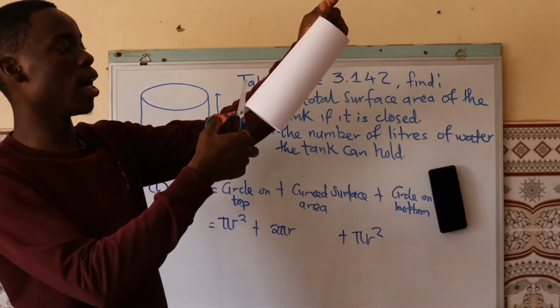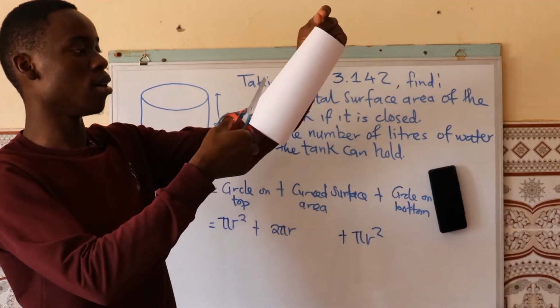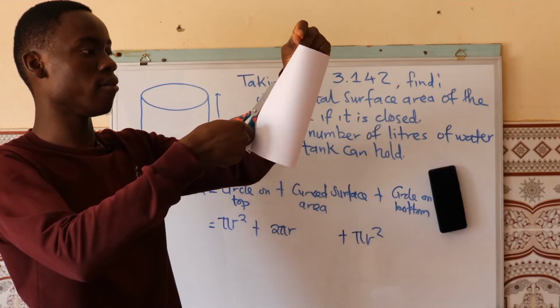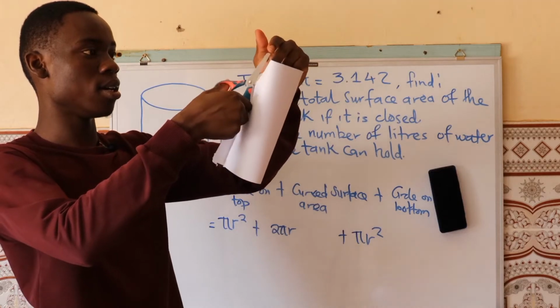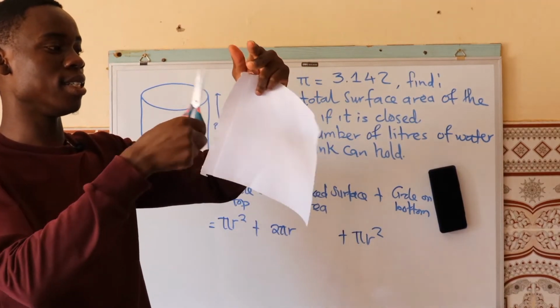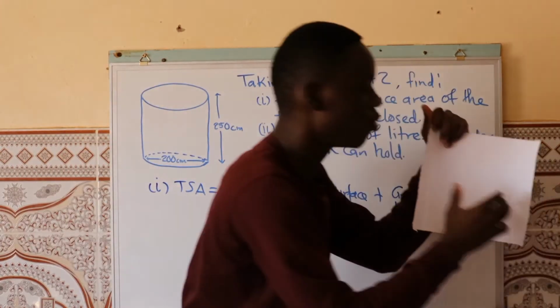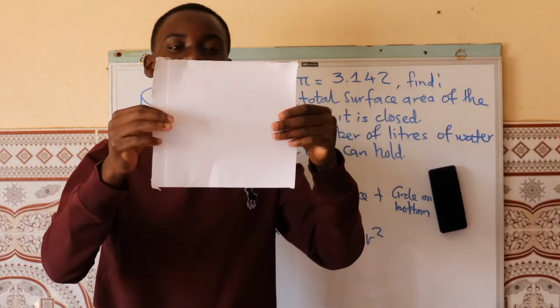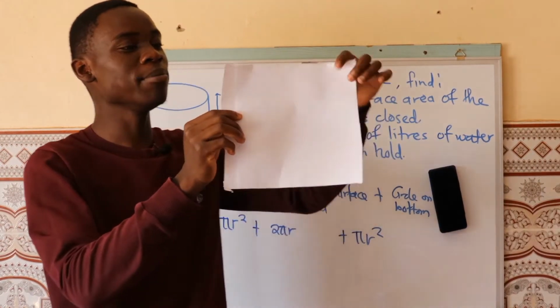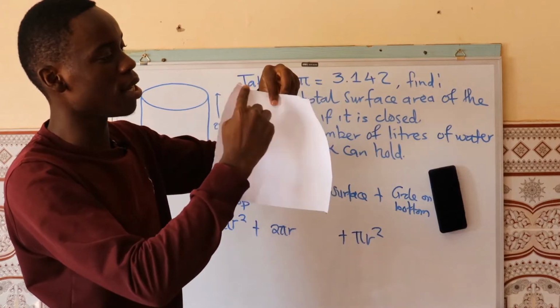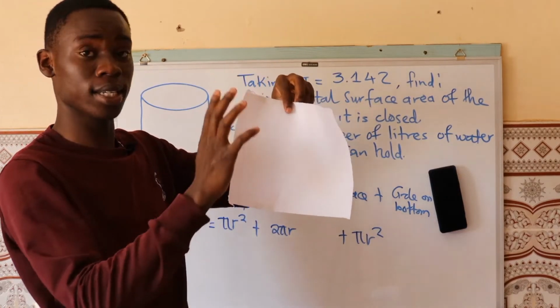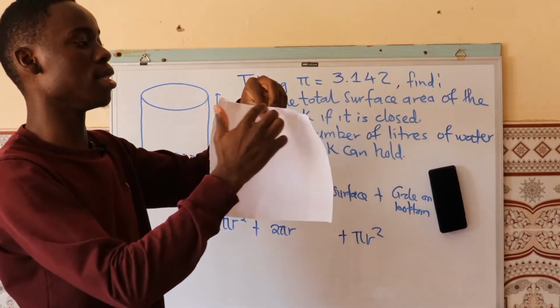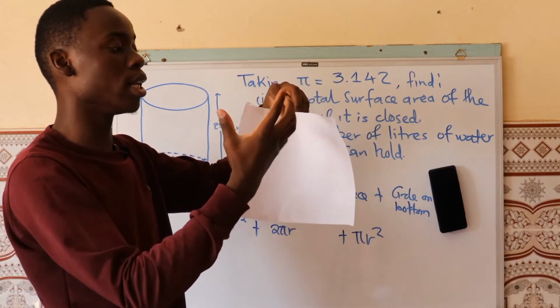So we're going to cut it. This is our curved surface area, and when you cut it, you have some form of a rectangle. That means that this top part is the circle, and the top part is calculated as a diameter.